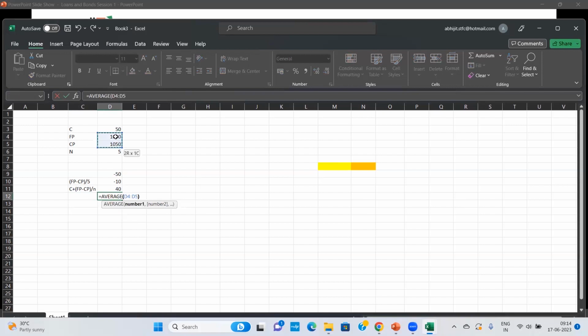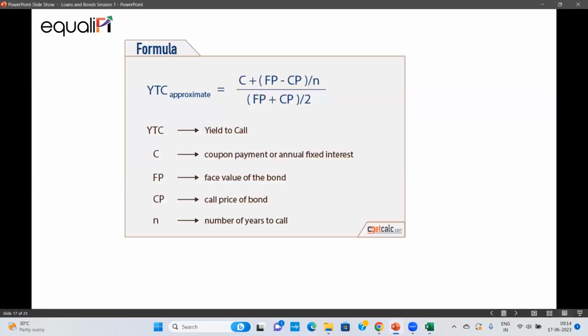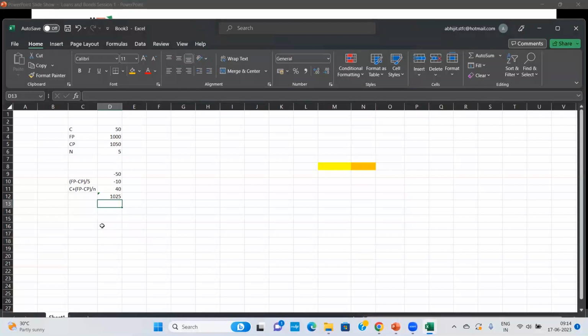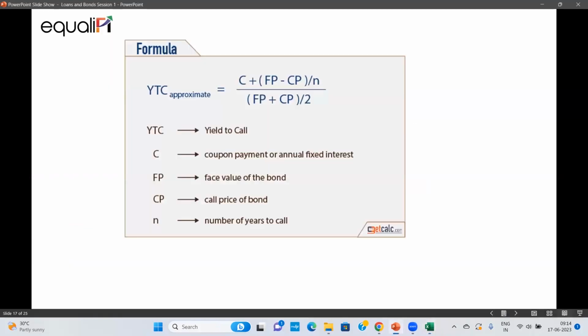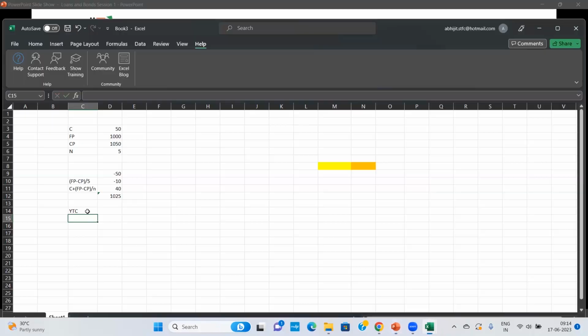Average of these two numbers is 1025. Now I have to find out the YTC. If I find out YTC, that comes to (FP plus CP) divided by 2.